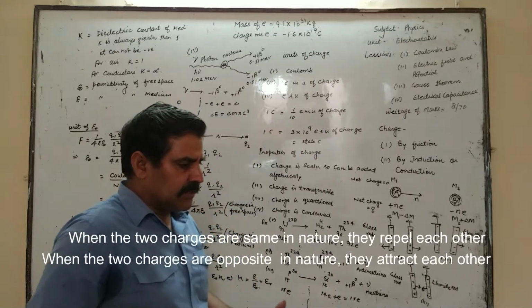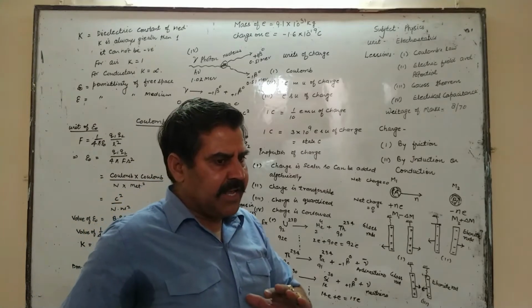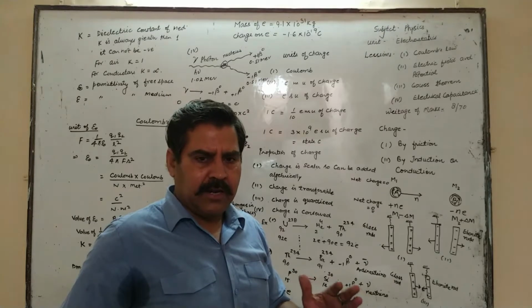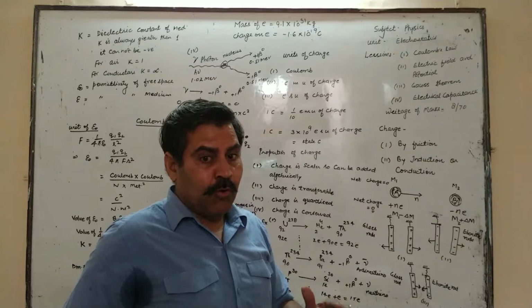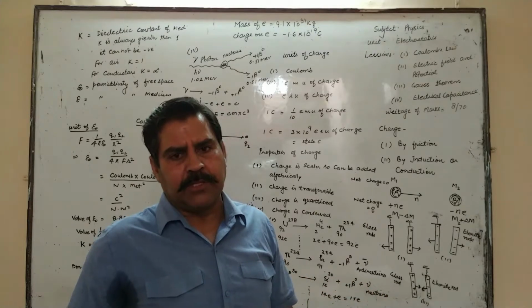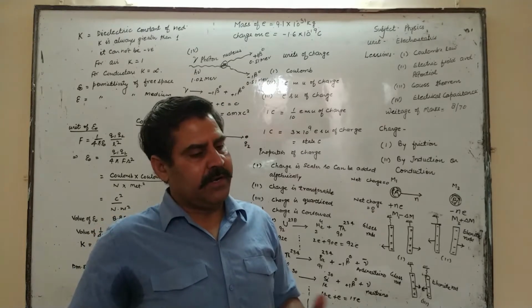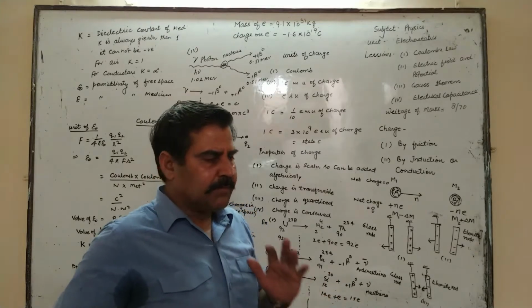When the two charges are opposite in nature, they attract each other. So by the nature of charges, we can say either they will repel or attract. But with what force? What will be the numerical value of that repulsive or attractive force? That numerical value of attractive or repulsive force is determined by Coulomb's law.